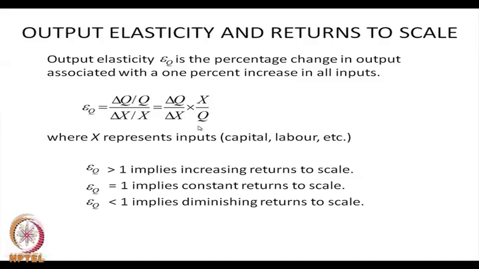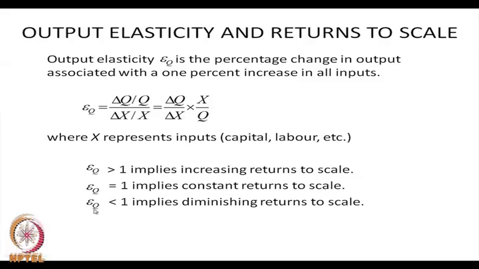Now, if epsilon q is greater than 1, then also it is a case of increasing returns to scale. If epsilon q is equal to 1, then it is a case of constant returns to scale.